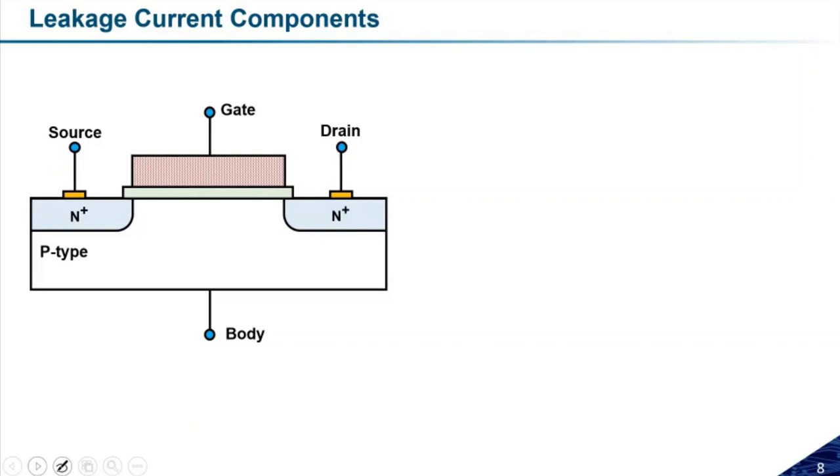In this case, let us see the different leakage current components flowing through it. The first one is the reverse bias PN junction. What is this reverse bias PN junction?